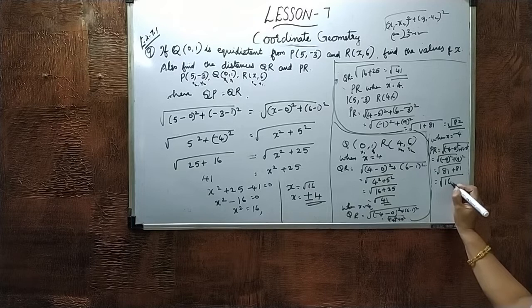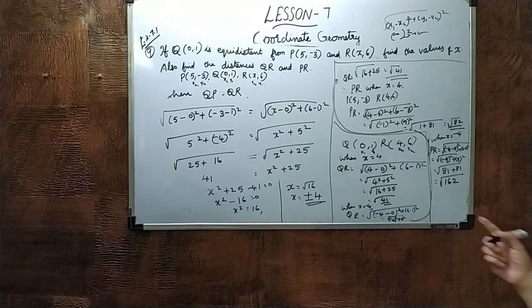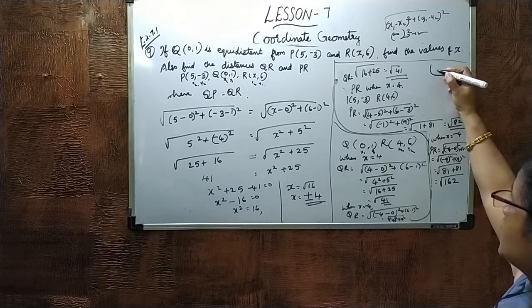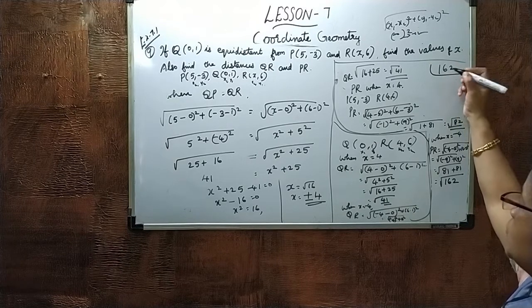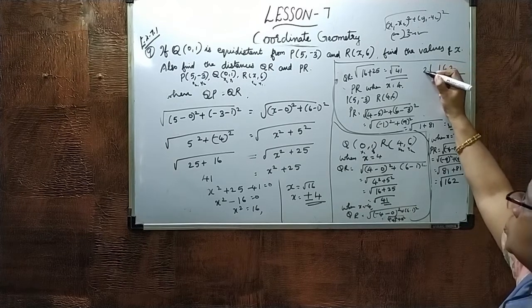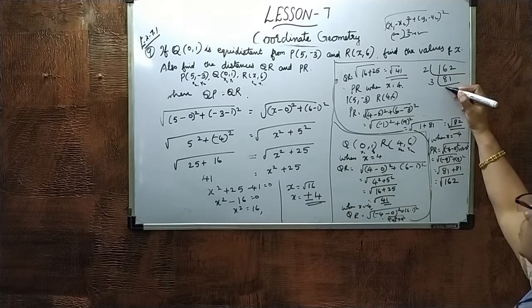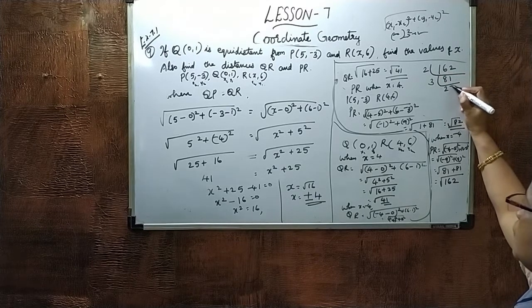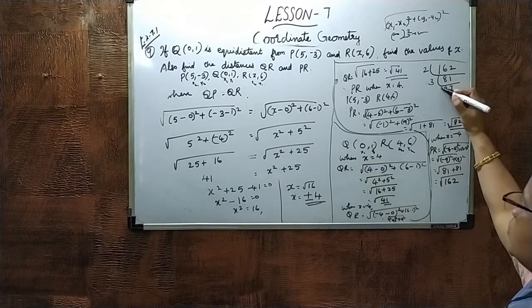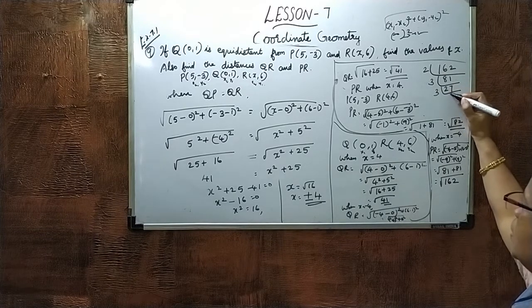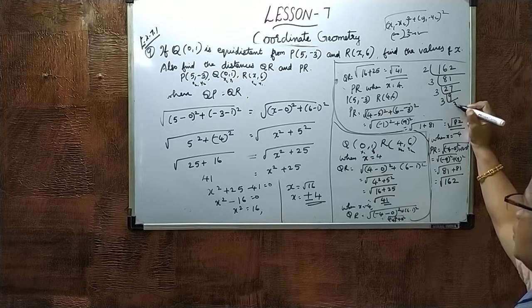It is 90. So how will you find the root of 90? Just prime factorize: 90 is 2 times 45, then 3, it is 15, then again 3, 5.